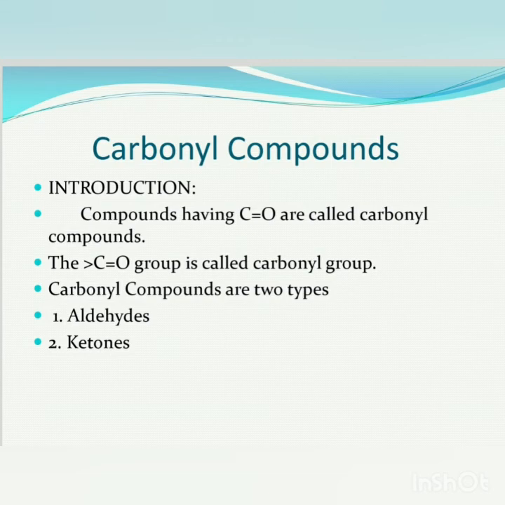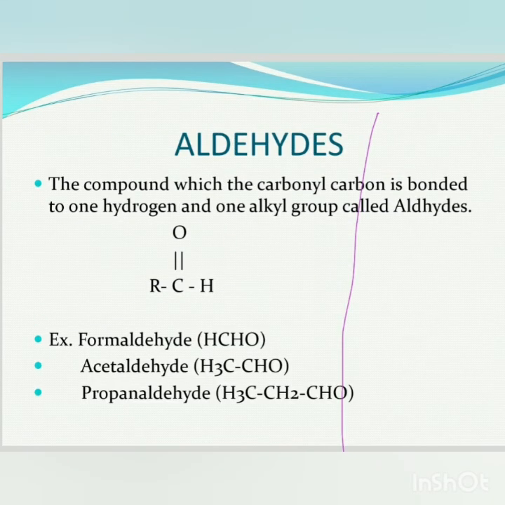Next is the definition of aldehydes. So what is an aldehyde? An aldehyde is a compound in which the carbonyl carbon is bonded to one hydrogen and one alkyl group.